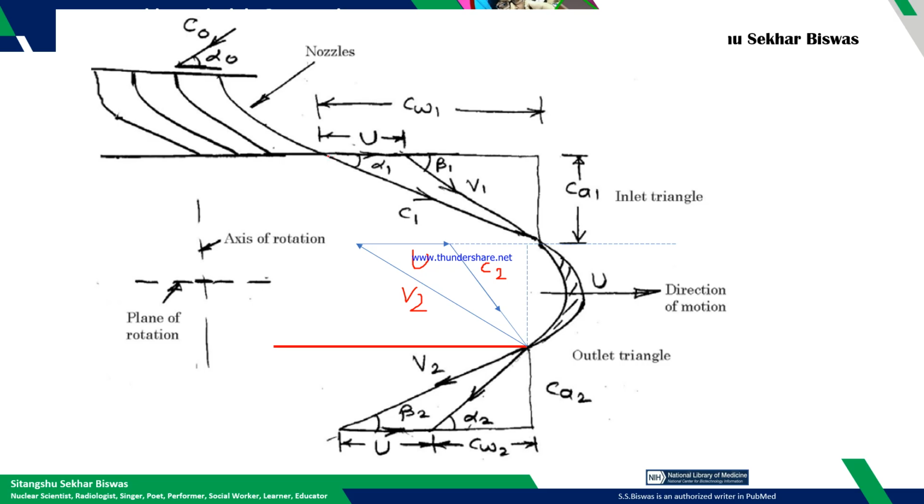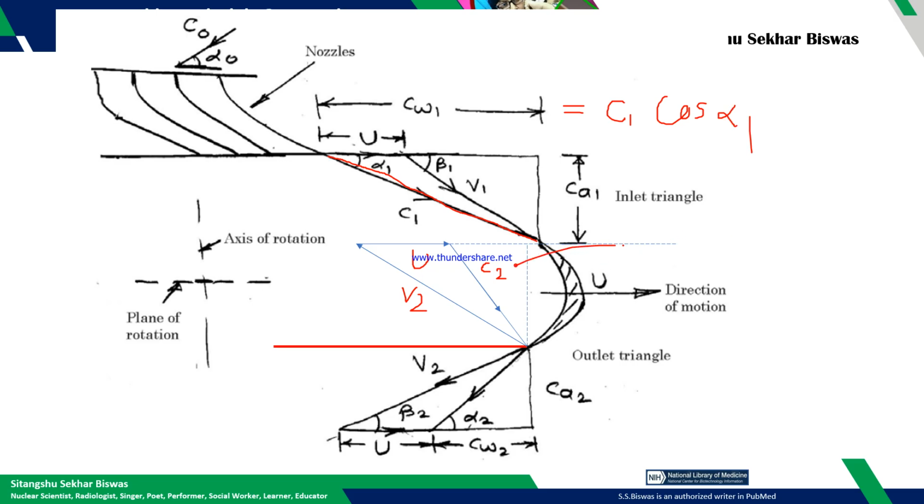So at the inlet, the resultant vector is C1, and its horizontal component is CW1, because we are interested in the component of the resultant vector which is parallel to the direction of the blade motion. So this CW1 will be C1 cos alpha 1.